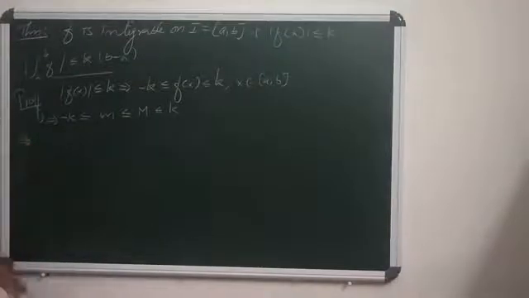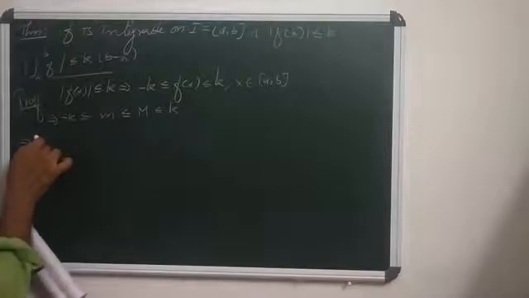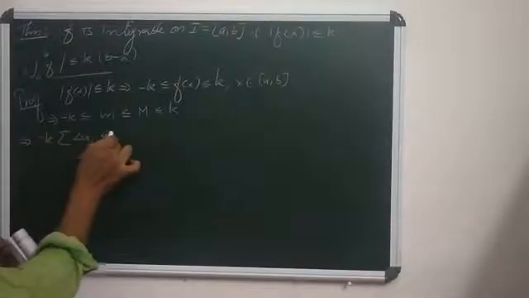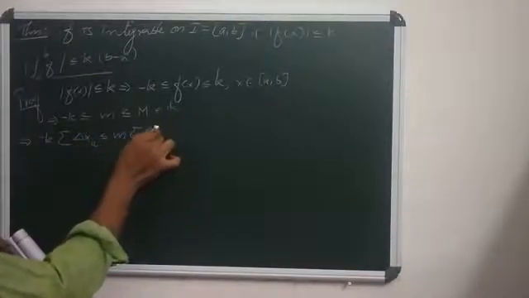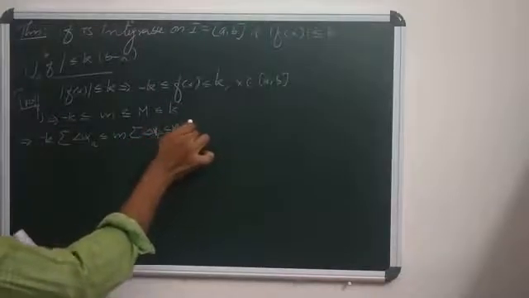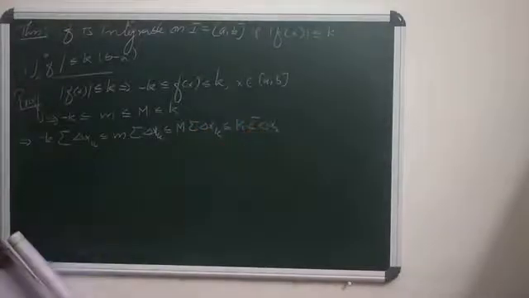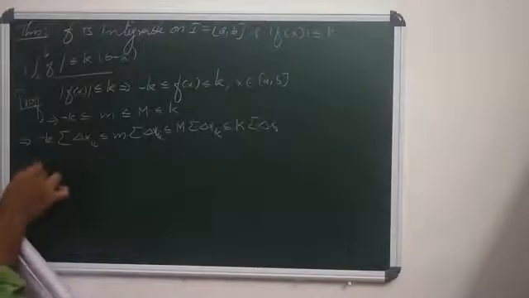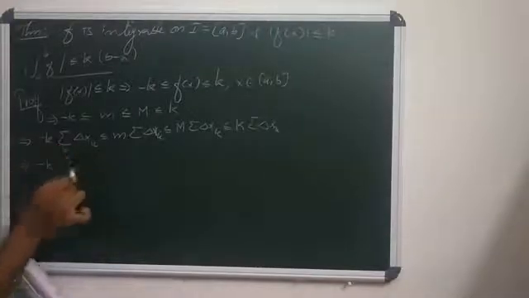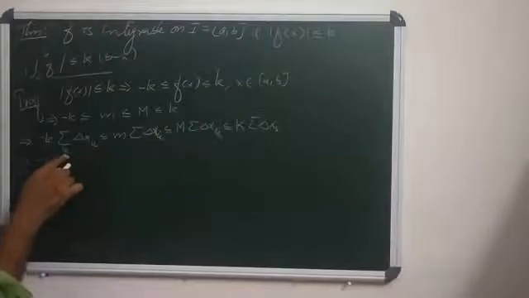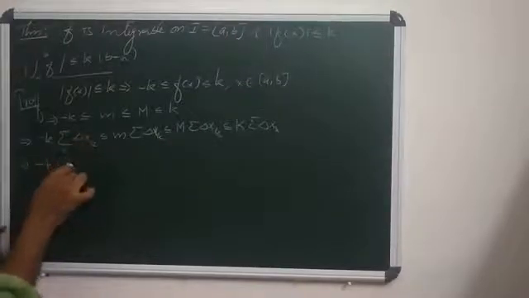That means minus k times the sum of delta x_k is less than or equal to m times the sum of delta x_k, which is less than or equal to capital M times the sum of delta x_k, which is less than or equal to k times the sum of delta x_k. So what is the sum over k of delta x_k? For the closed interval [a, b], the sum of delta x_k is nothing but b minus a.